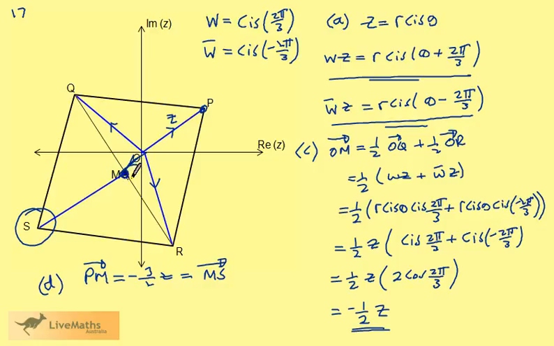So we're at negative a half Z here. Take away another 1.5 just gives us negative 2Z.